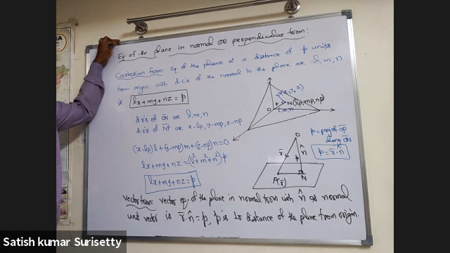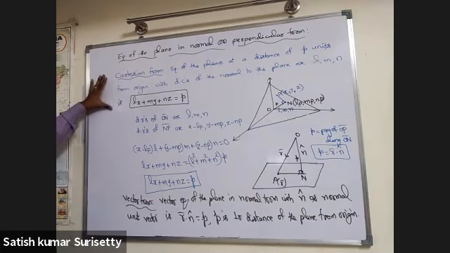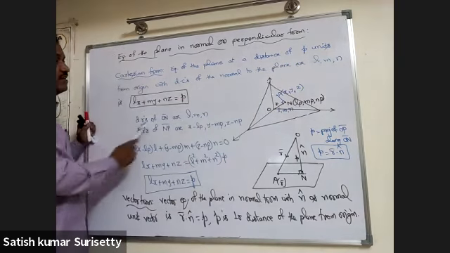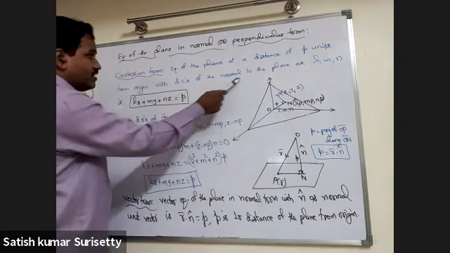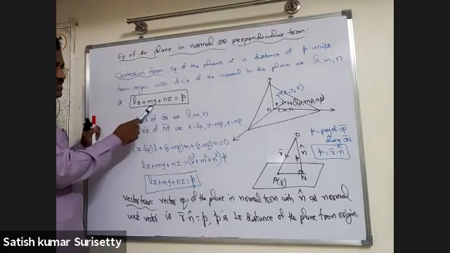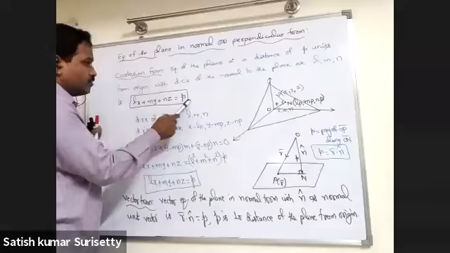Whereas the equation of the plane in normal or perpendicular form in 3 dimensions, Cartesian form: the equation of the plane at a distance of p units from the origin, with the direction cosines of the normal to the plane being l, m, n, is lx plus my plus nz equals p.